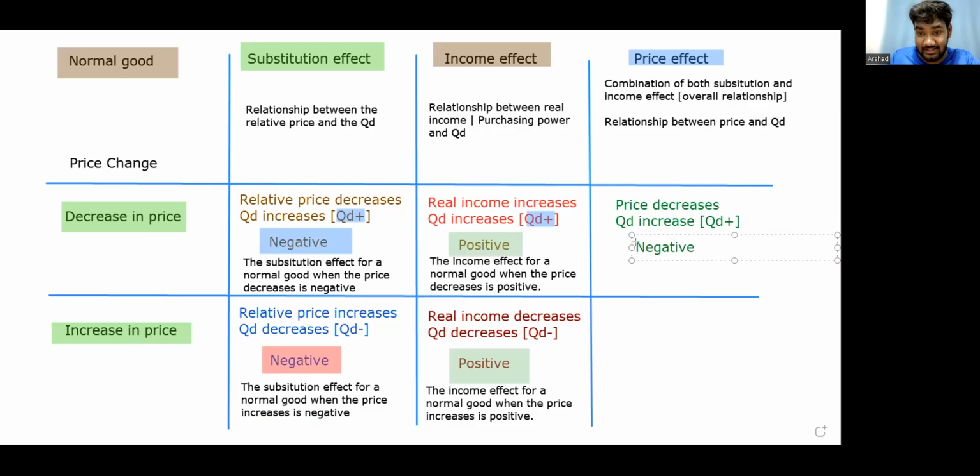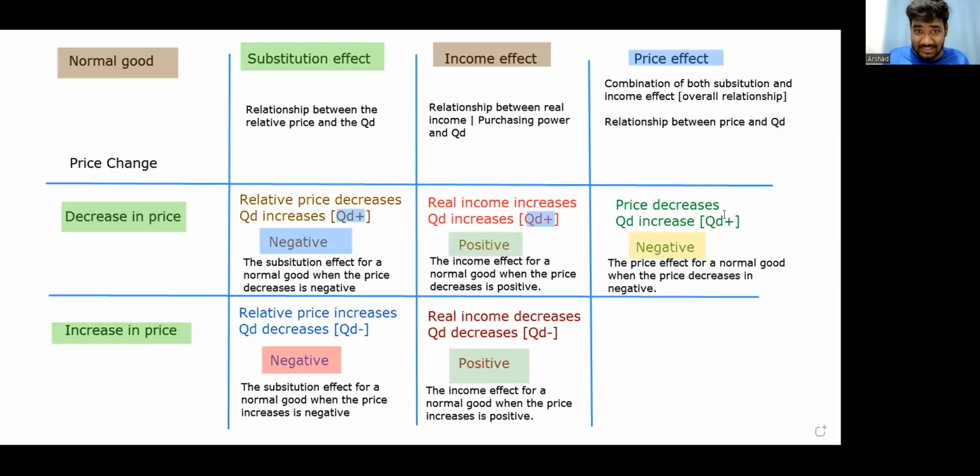My conclusion is that the price effect for a normal good, when the price decreases, is negative, right? Guys, remember, you having a negative price effect means you comply with the law of demand.